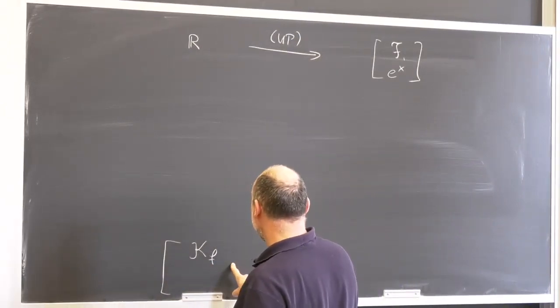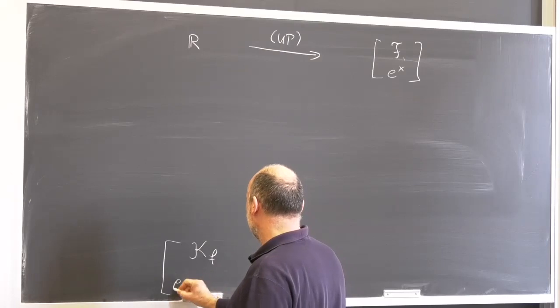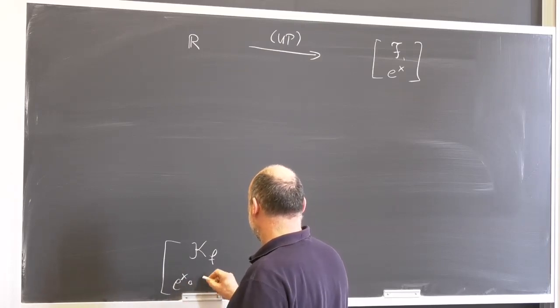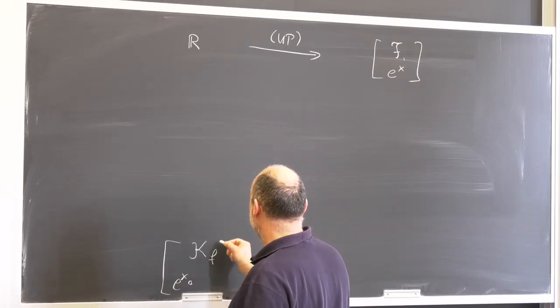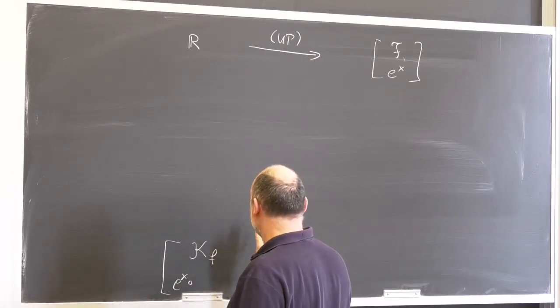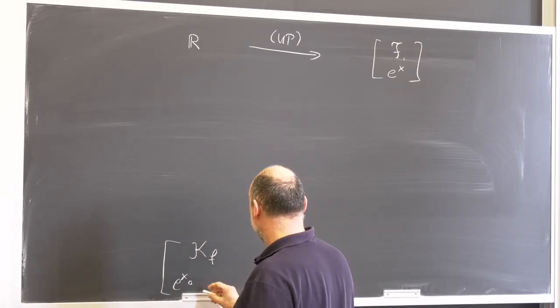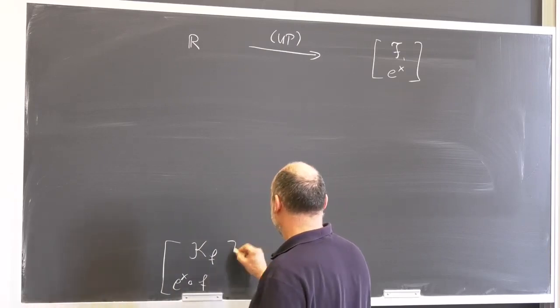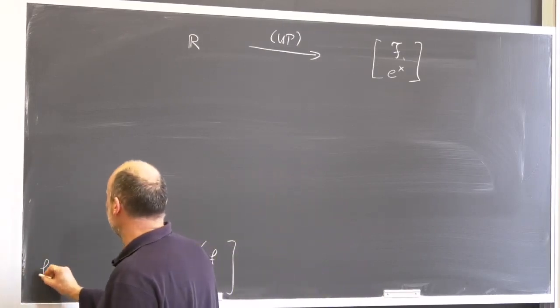So we have K_f, and presumably the monomials will be e to the x composed with f, where f is a tuple. I don't want to put a bar on it because I need bars for other things.